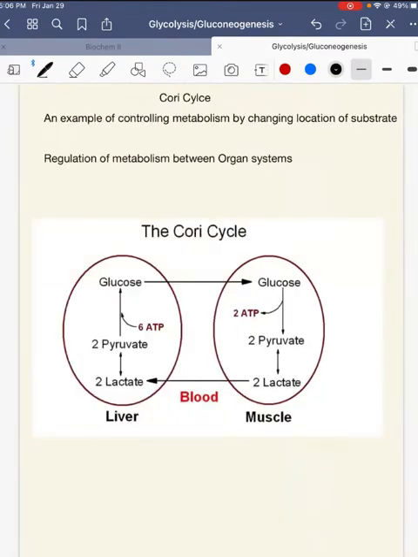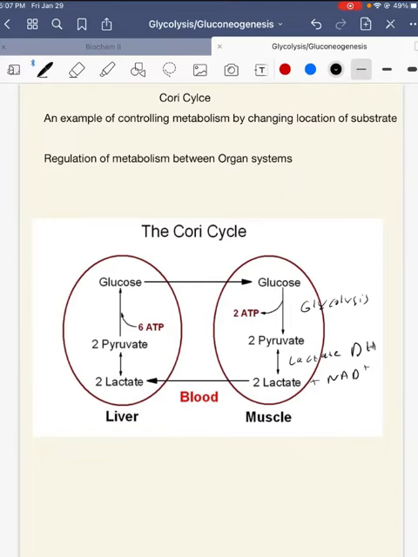Okay. So I think you guys had a question on this in the homework as well. So this is the muscle cell. We go through glycolysis over here. And then pyruvate can be converted into lactate by lactate dehydrogenase. So it makes lactate, and we also regenerate NAD. The cell doesn't want to waste this lactate.